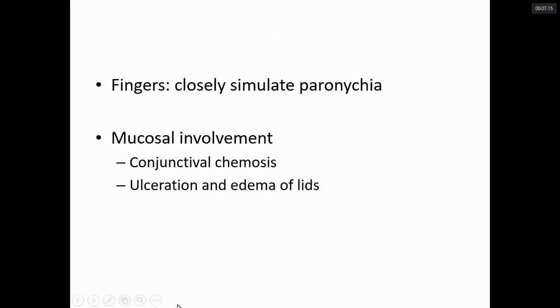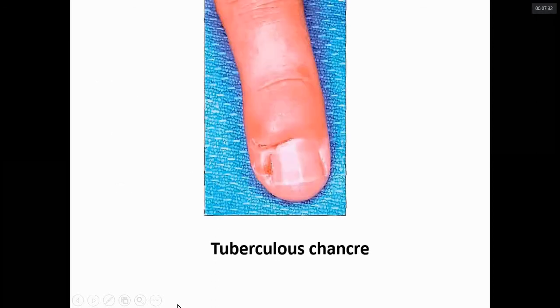If it is seen in nail folds, it may simulate paronychia, and there can be mucosal involvement also. If it is seen in the eyes, there can be conjunctival chemosis, ulceration, and edema of lids. This is the tuberculous chancre in the lateral nail fold, which mimics paronychia.